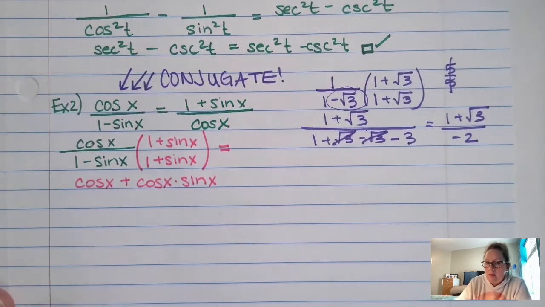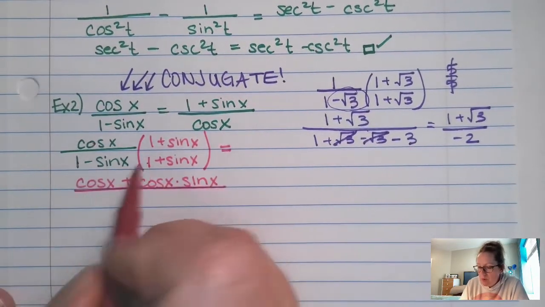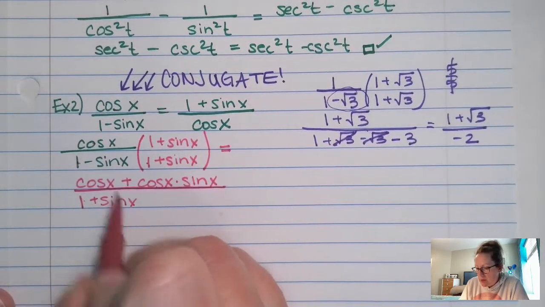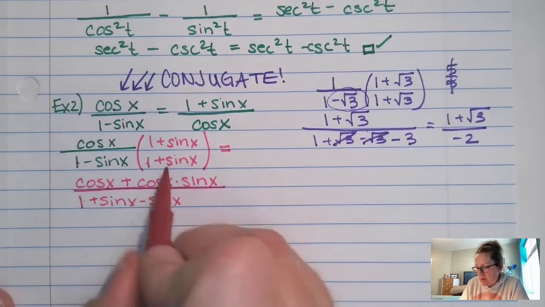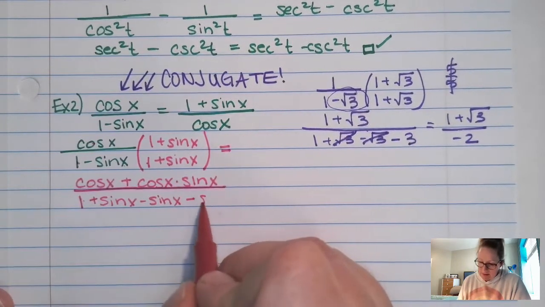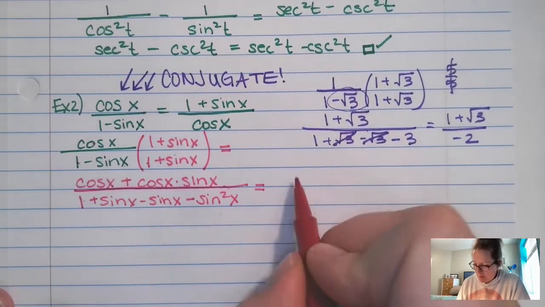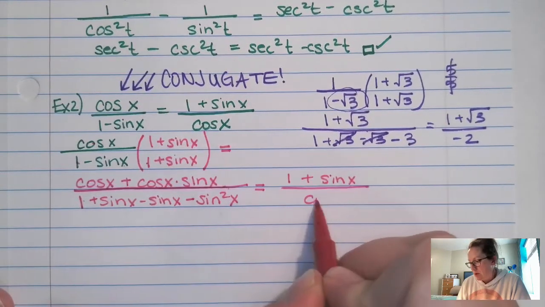And then, divided by, we have to FOIL out this bottom. 1 times 1, 1 times sine, negative sine times 1, and negative times a positive is a negative, sine times sine is sine squared. I'll rewrite what we want, just so we don't forget what we're going for here.